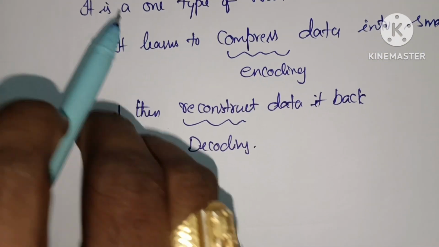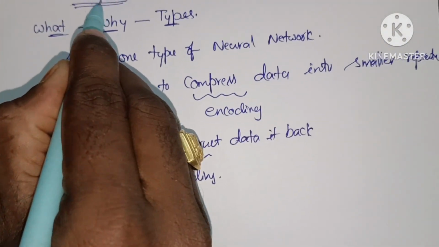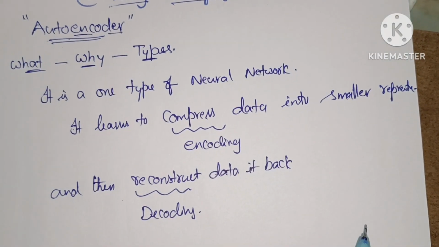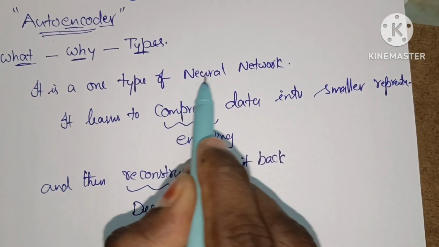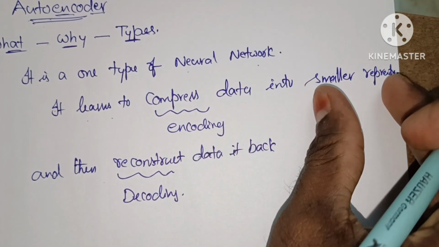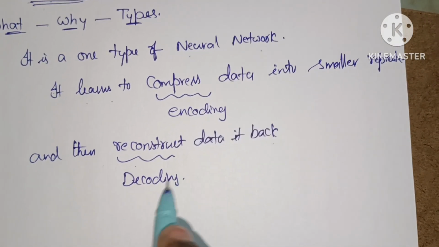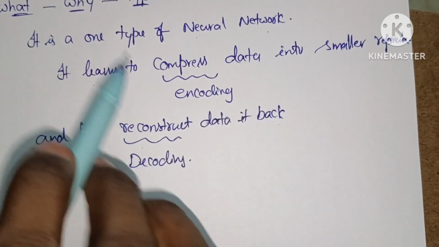Is it clear? That's why this is called an autoencoder: automatically encoding and decoding. So it is one type of neural network. It learns to compress the data into a smaller representation and then reconstruct the data back, which is decoding. This is an autoencoder.